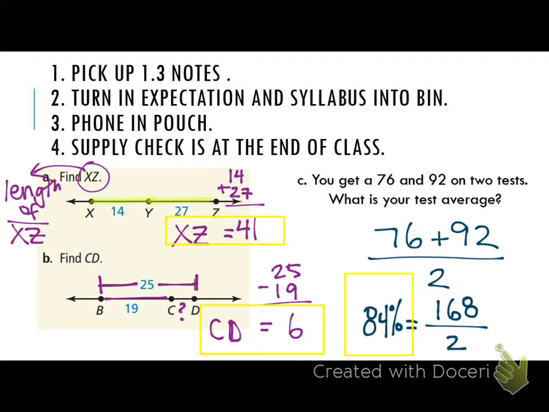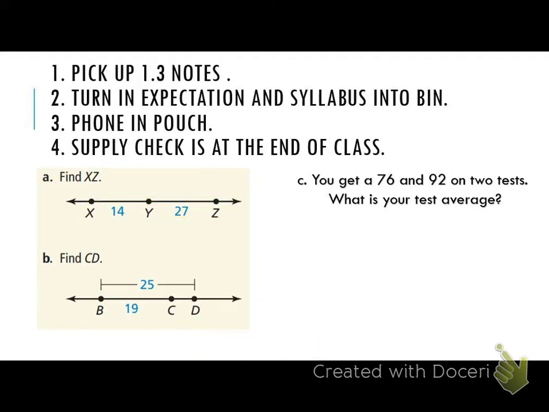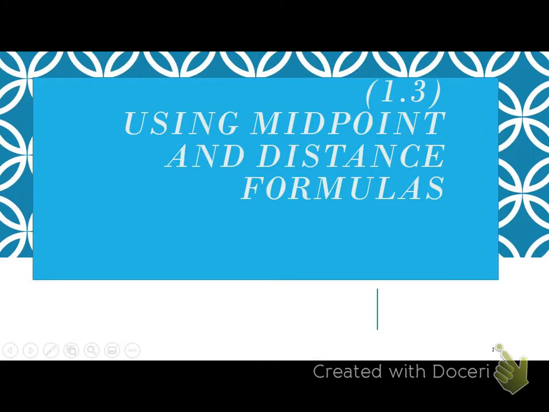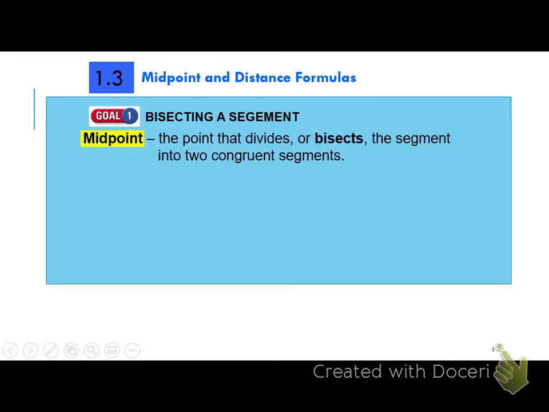All right, so let's talk about some terms, and then we're going to math. Starting with the basics, like the word midpoint. Here's what you're going to write. A midpoint bisects, B-I-S-E-C-T, bisects a segment into 2 congruent segments.